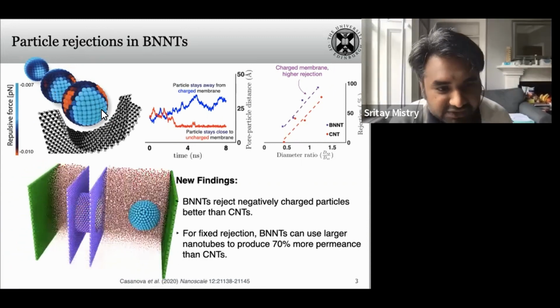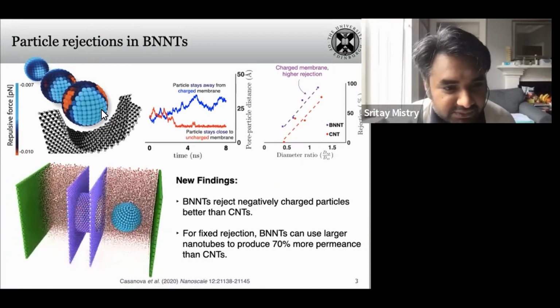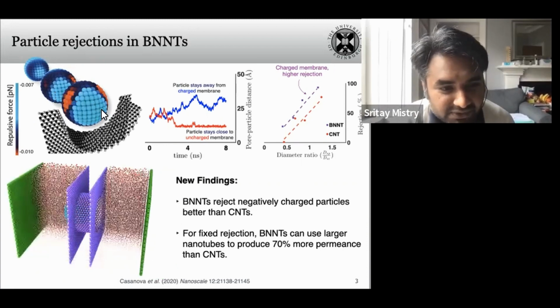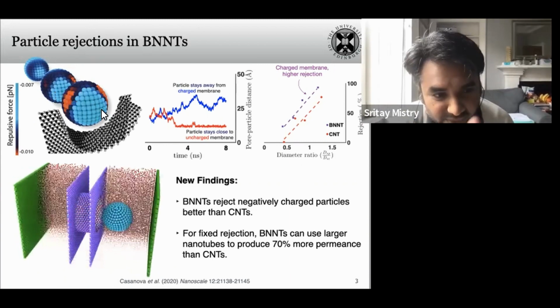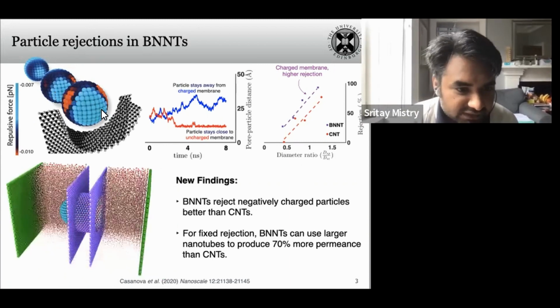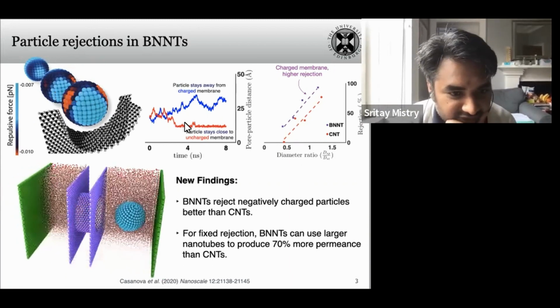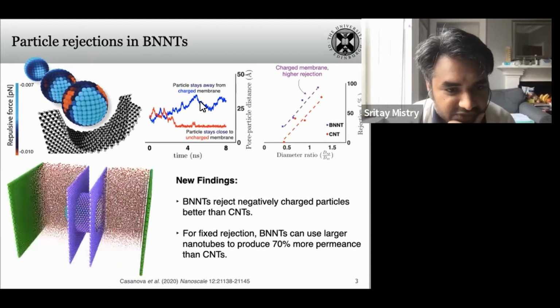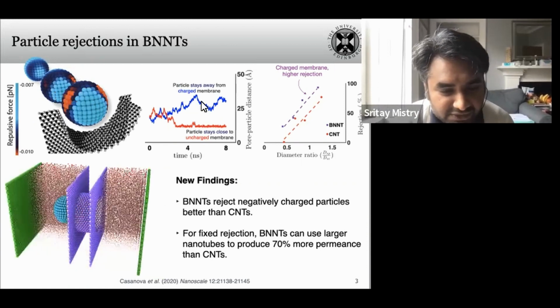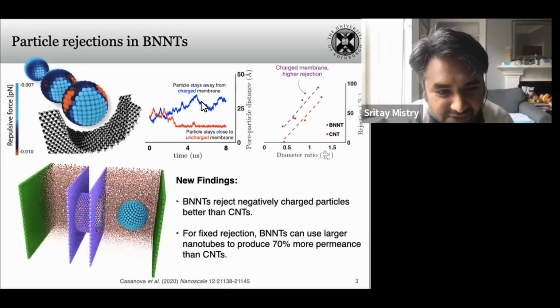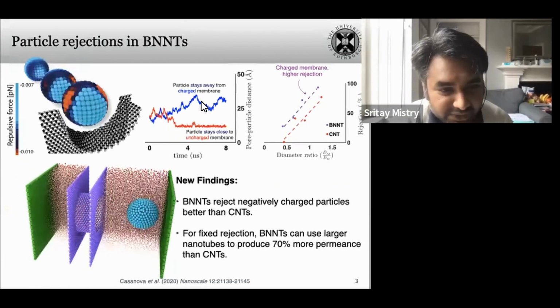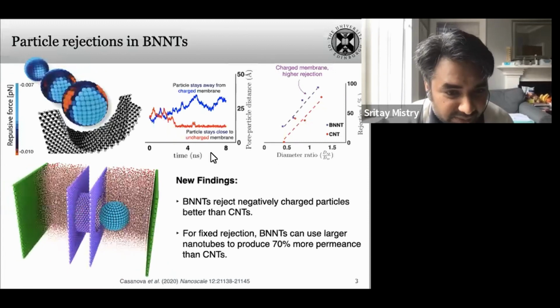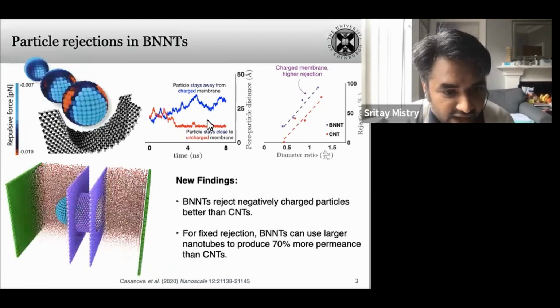And that means that boron nitride membranes can repel particles based not only on the size of the pore, but also on the charge. As you can see, this graph shows that a negatively charged particle stays further away from the boron nitride membrane than it does for a carbon nanotube membrane.